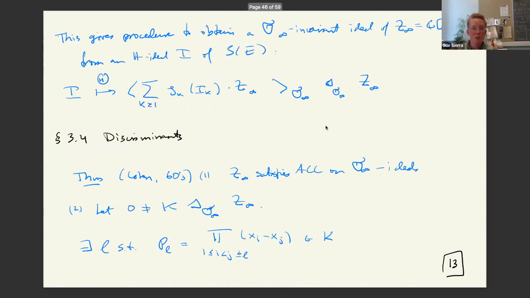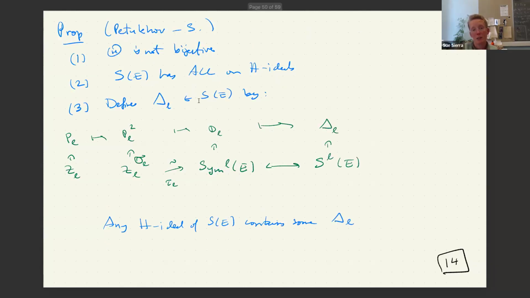So let's go back to the definition of the discriminant. These discriminants P_L. Remember, any symmetrically invariant ideal of Z infinity contains one of these P_L. How do we get from P_L to an element delta L in S of E? Well, P_L is an element in my polynomial ring in L variables. If I square it, it now becomes invariant under the action of the symmetric group on L letters. So I've got a symmetric polynomial.